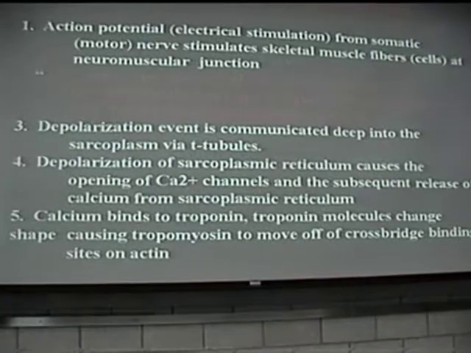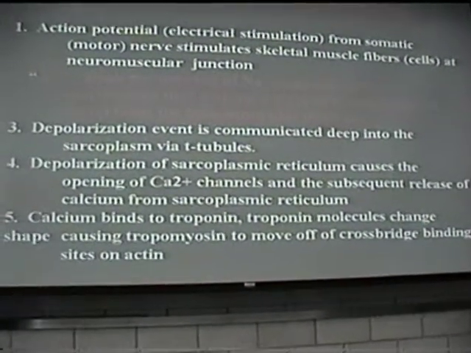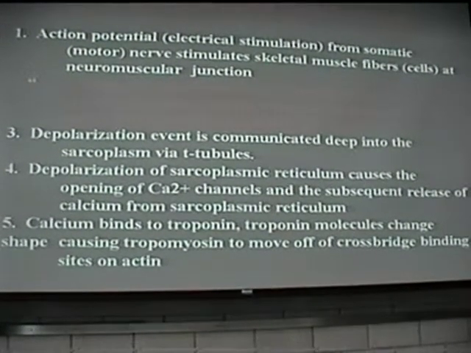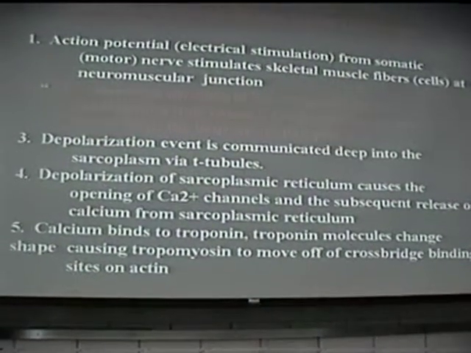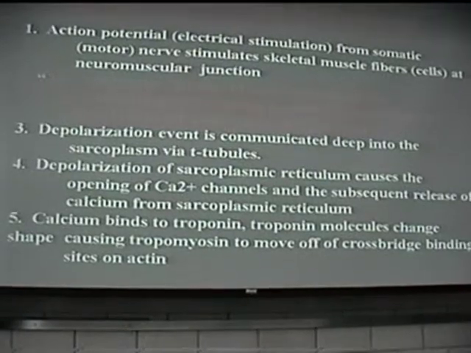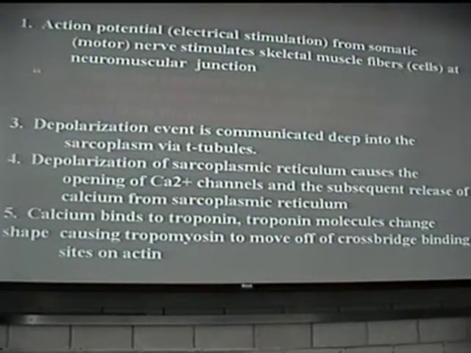What we're going to do is use acetylcholine to open these sodium channels on the sarcoplasmic reticulum. And it's going to create what we call a depolarization event that's eventually going to travel in both directions down this sarcoplasmic reticulum. Okay.